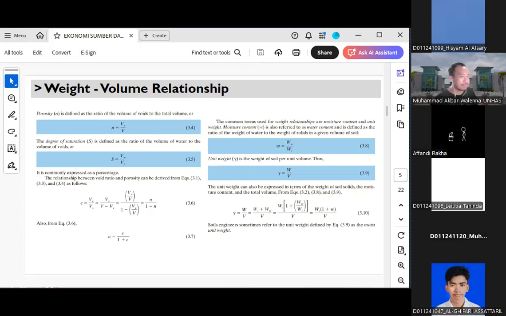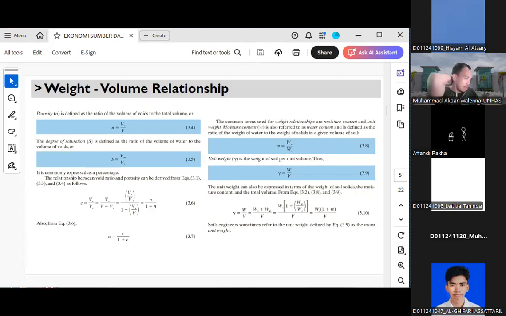So it's always about the weight of water and the weight of dry soil. You cannot take into account the weight of soil that also contains moisture. We should get rid of that inside your calculation.